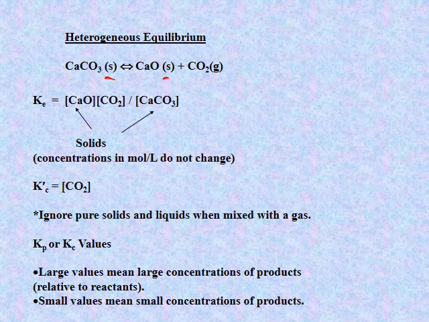First, you write it down exactly like a homogeneous equilibrium, with the product concentration on the top. Here you have calcium oxide and carbon dioxide. Initially, you don't worry about which is solid, which is gas, and which is liquid. So let's write down: calcium oxide is a solid, carbon dioxide is a gas, and calcium carbonate is a solid.